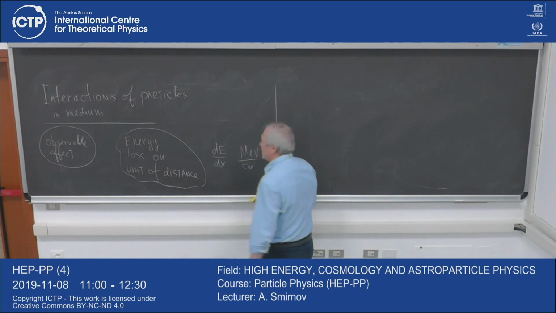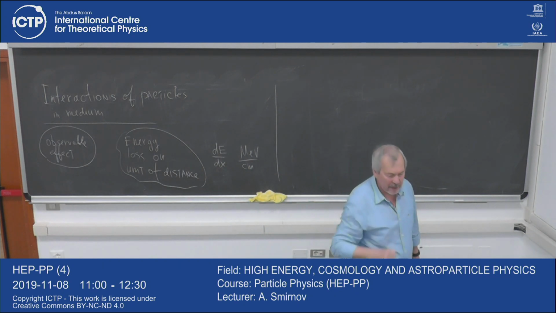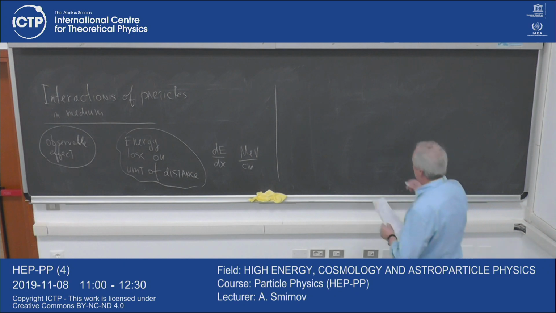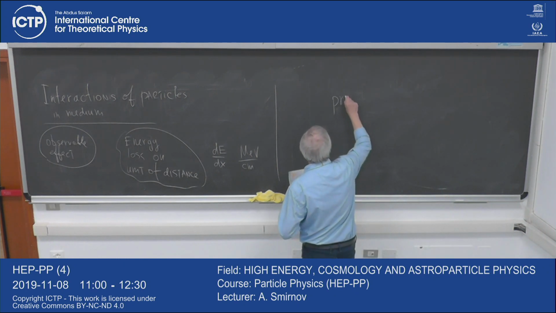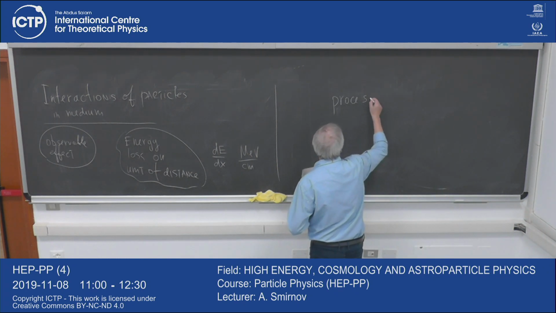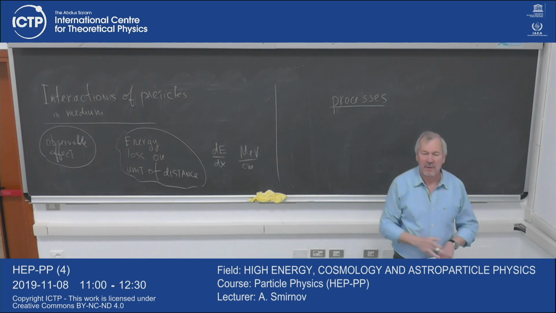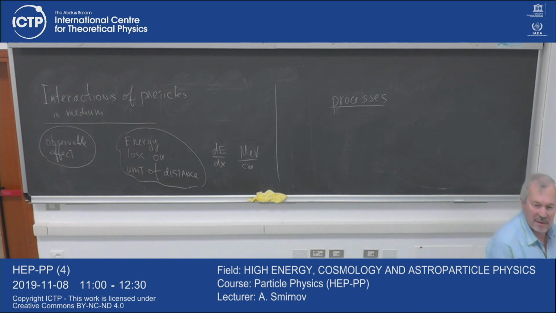So what happens if, for instance, an electron or proton enters a layer of iron, or lead, or maybe some nitrogen or some gas? What are the processes? Tell me, what do you know? What will happen with a proton or electron when it enters a medium?